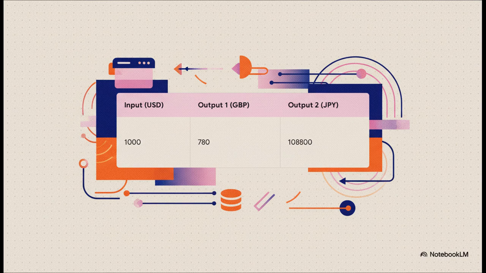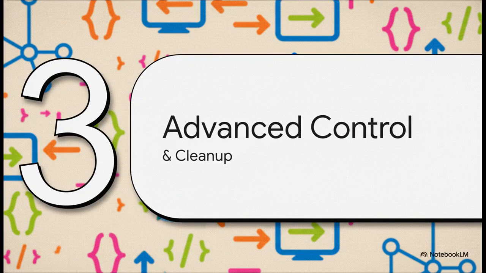That single change kicked off both of our formatters. Our first span automatically shows 780, the right amount in pounds, and the second one shows 108,800, the right amount in yen. We're controlling 2 totally different UI elements with their own display logic, all from one update. Now that is efficient.